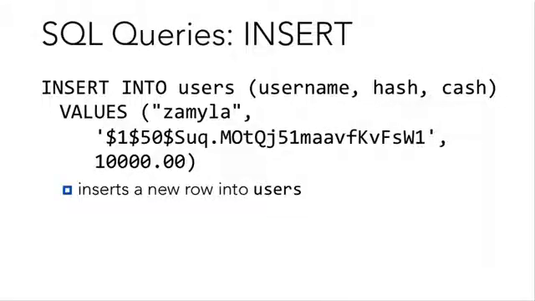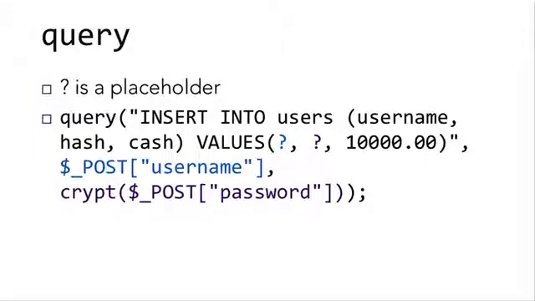Using the following SQL command, we'll insert me as a new user with a password hash and an initial amount of cash, and that'll insert a new row into users. But that's in SQL. How do you execute a SQL query in PHP? In PHP, the query function takes placeholders.